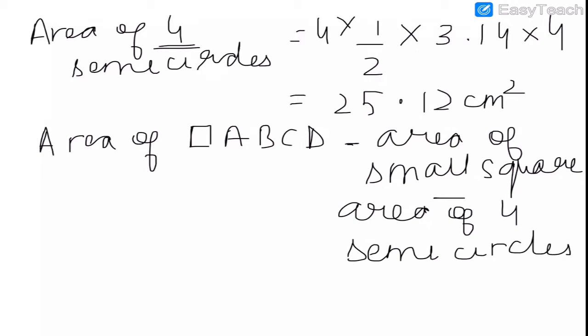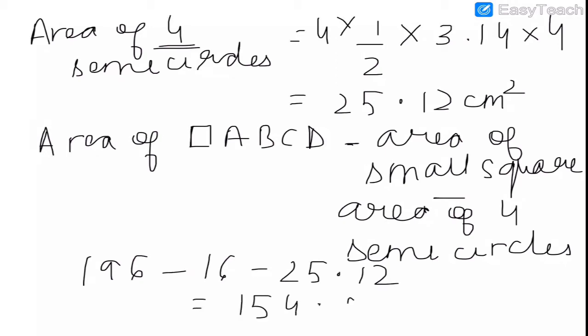So area of bigger square is 14 into 14, that is 196. Area of a small square is 16, and area of 4 semicircles is 25.12, and that makes it 154.88 centimeter square, and this is our answer.